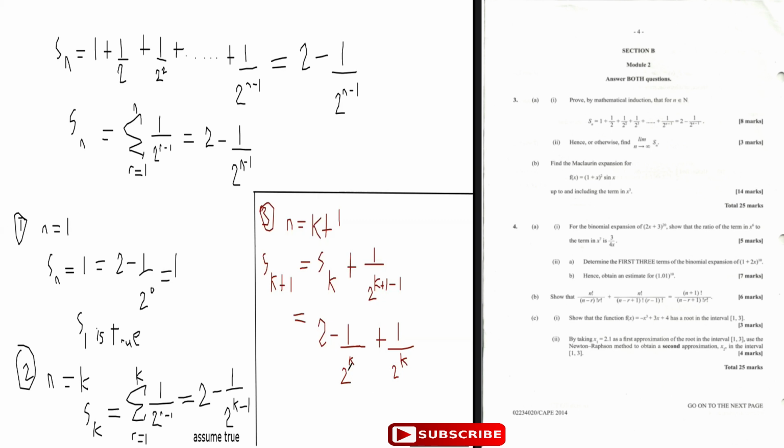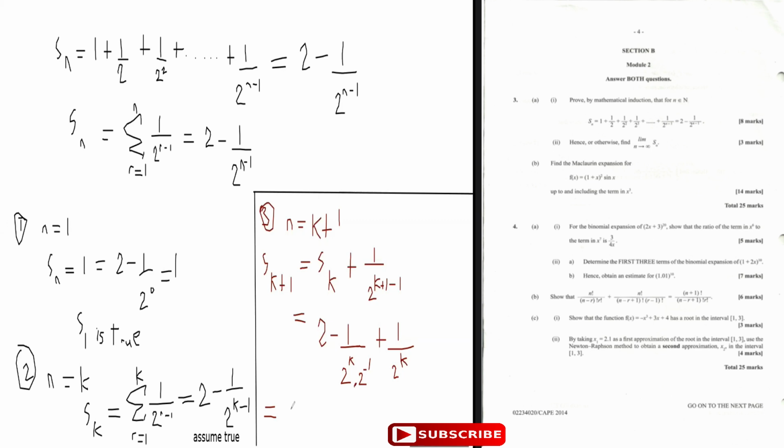This can be written as, instead of 2 to the k minus 1, 2 to the k times 2 to the minus 1. That's how we can write it. So this is now actually equal to, now these two really and truly have a common denominator. Now 1 over 2 to the minus 1, what is that? 1 over 2 to the minus 1 is 2.